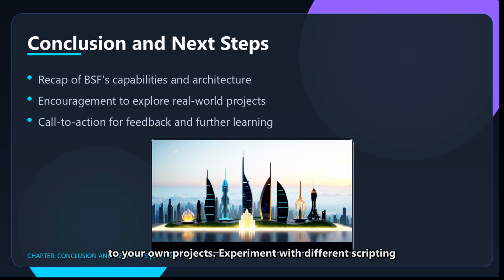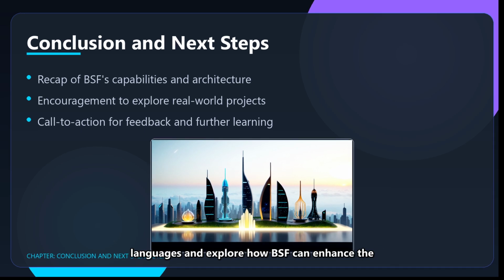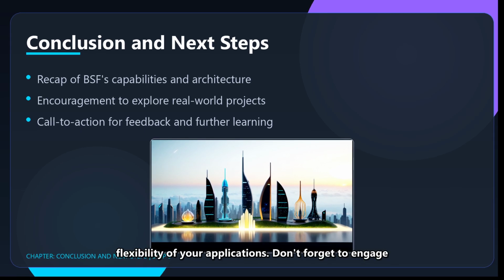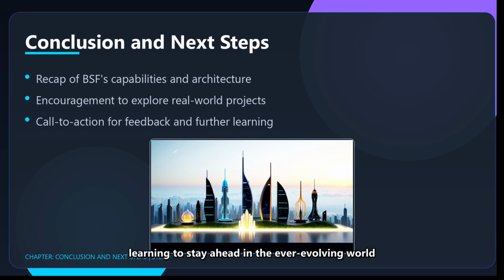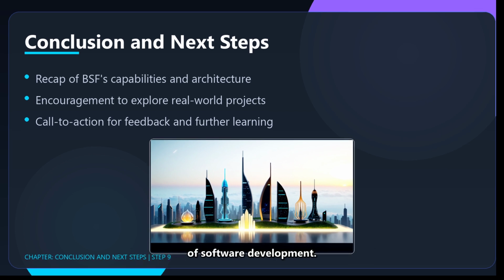I encourage you to take this knowledge and apply it to your own projects. Experiment with different scripting languages and explore how BSF can enhance the flexibility of your applications. Don't forget to engage with the community, share your experiences, and continue learning to stay ahead in the ever-evolving world of software development.